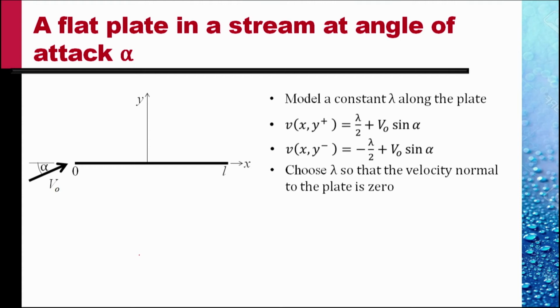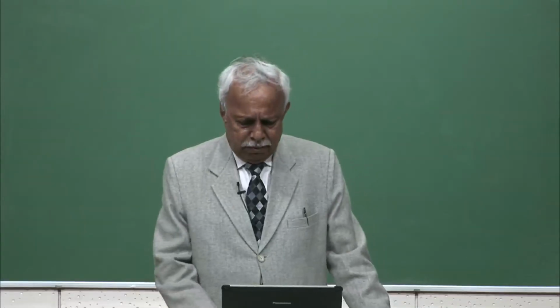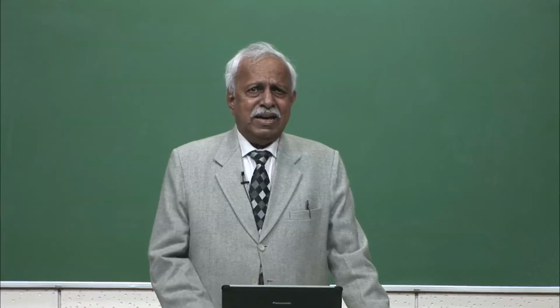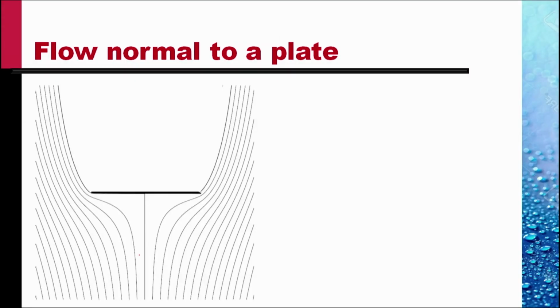We now invoke physicality. The flow on the top of this plate would be a separated flow, so potential flow would not apply there. So let this condition be applied only to the bottom of the plate. And if we apply this condition to the bottom of the plate and we make the velocity 0 there, then we can obtain the flow.